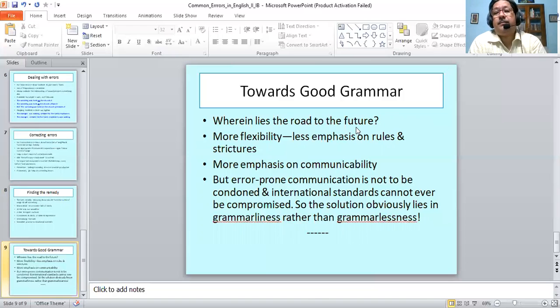So the solution ultimately lies in grammarliness rather than grammarlessness. So learn more of grammar, find out more about grammar, grammatical forms, structures, meanings, and usages, practice them, perfect them, and put them to use.